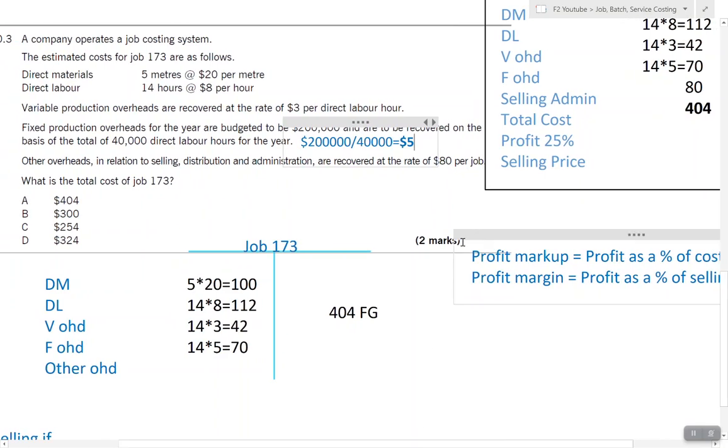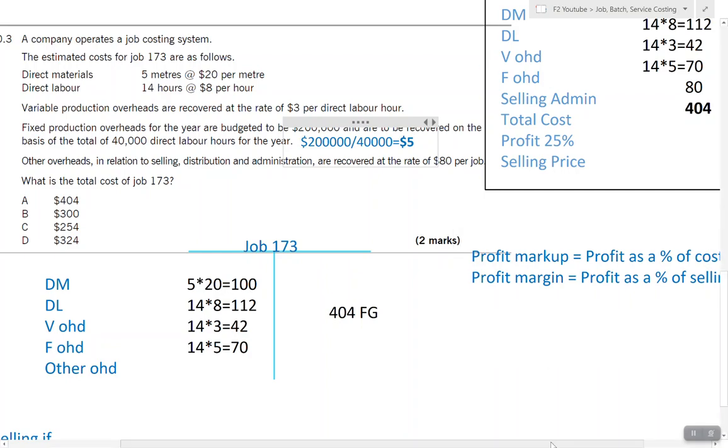Okay, they haven't asked for the selling price, but in job costing they could ask you the selling price as well. So this is just the cost that is incurred on the job. Obviously, it is not the price that we will be charging. So if they ask about the price that will be charged, how can we find that?